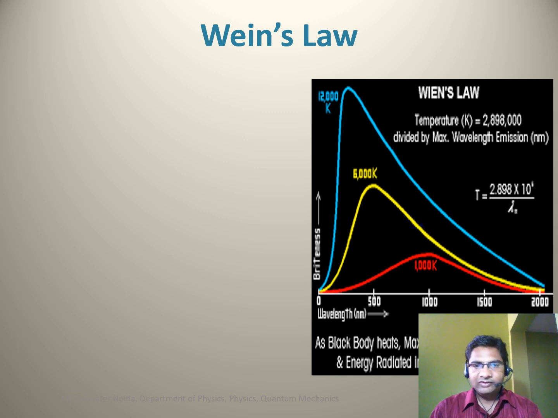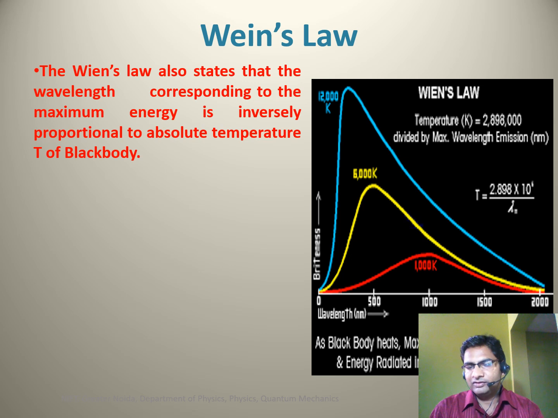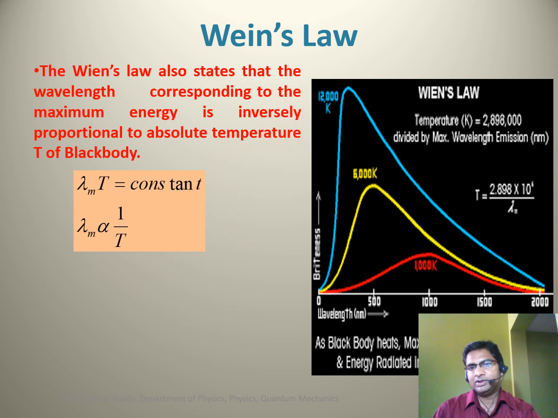This observation was made by Wien, and he established the relation between the wavelength and absolute temperature of the blackbody: the wavelength corresponding to the maximum intensity is inversely proportional to the temperature. This law is also called Wien's displacement law, because the wavelength is displacing towards the lower region as the temperature is increasing.